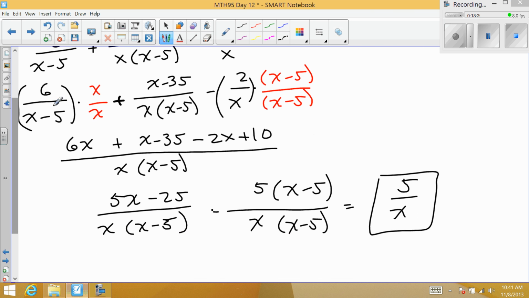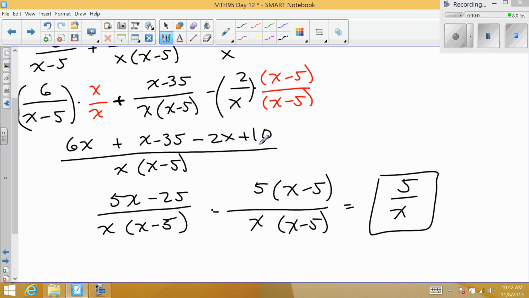Then we've got for our numerator 6x plus the x subtract 35 didn't change. And then I did do 2 things at once here. I had the subtract, and then I had the 2 that is going to distribute, so I took them together at the same time. Negative 2 times x for subtract 2x, and the subtract 2 times the subtract 5 gives me a plus 10. Combining like terms, 6x plus x subtract 2x gave me 5x.